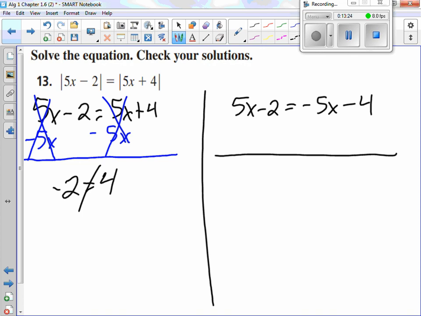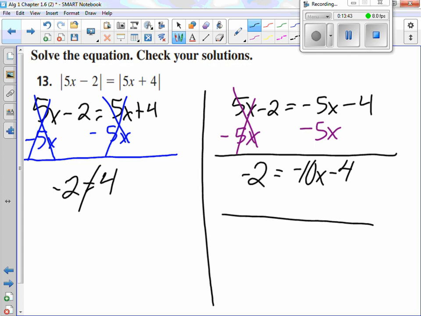Now we look at this other one here, let's subtract 5x again. This 5x minus 5x will cancel. And I'm left with negative 2 is equal to minus 4.